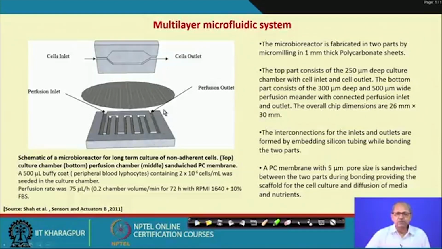In between there is a polycarbonate membrane of 5 micrometer pore size, sandwiched between these layers, and you can flow the media and the cells will grow here. This type of system has a lot of application when we shall be discussing organ on chip.